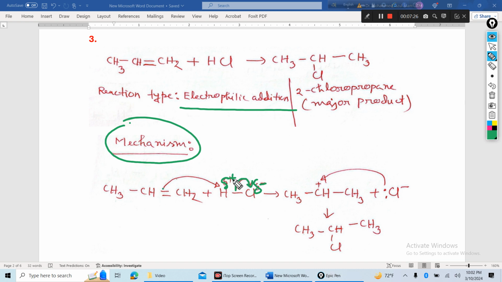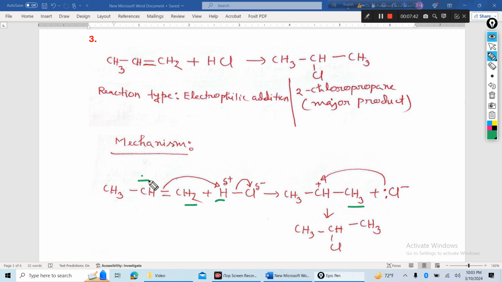The carbon-carbon double bond, pi bond gives electron to hydrogen, and this hydrogen is added to this carbon, it becomes CH3, 1 hydrogen plus 2 hydrogen becomes CH3, and the middle carbon becomes positive. The carbon-carbon double bond becomes a single bond. So now chlorine gives its lone pair to the positive carbon to produce the product.